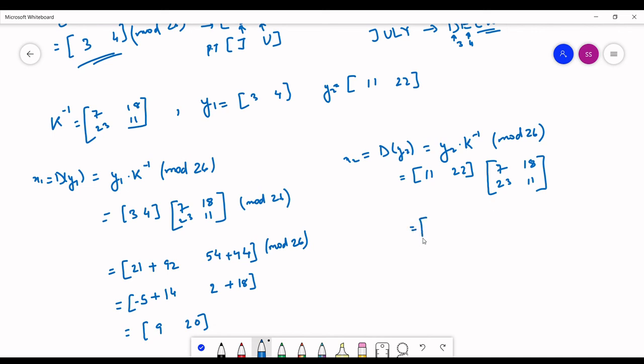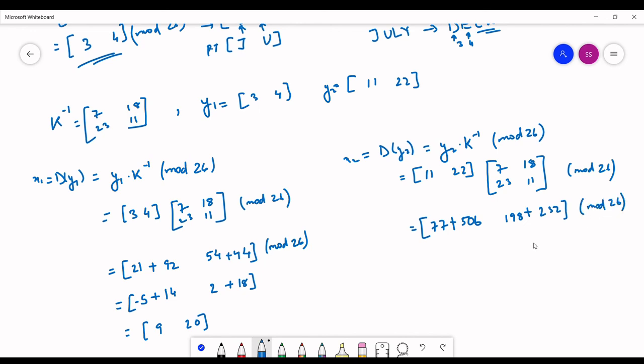So I can write this as 77 plus 22 into 23 is 506, and 18 into 11 is 198 plus 22 into 11 is 232, mod 26.